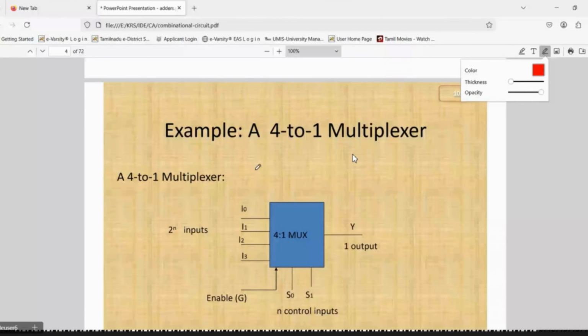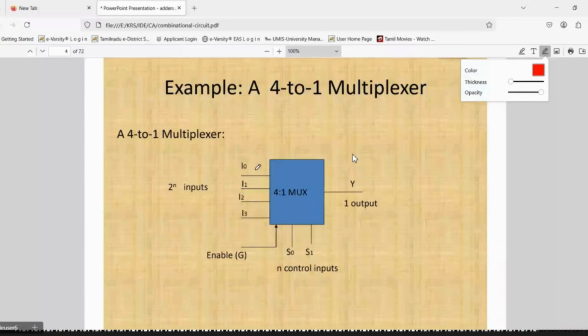Next, 4-to-1 multiplexer, 4 input line, 1 output line. So here, there are 4 input lines I0 to I3. Then there are 2 selection lines S0, S1 and only 1 output line Y. So block diagram of 4-to-1 multiplexer.